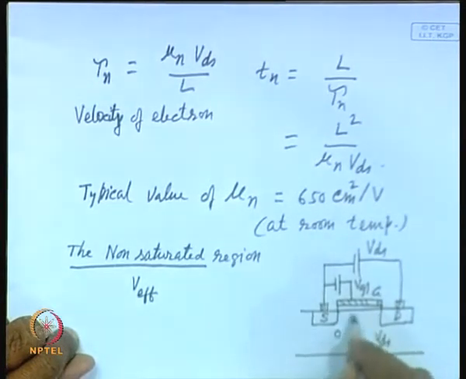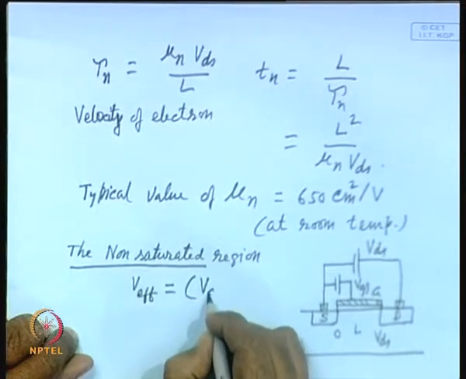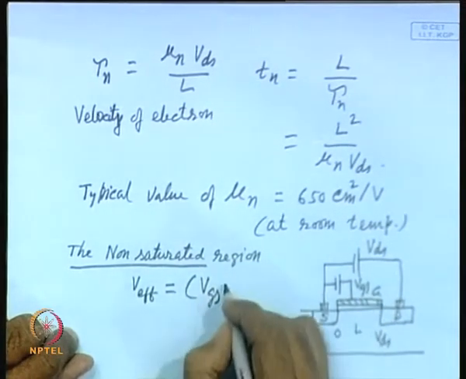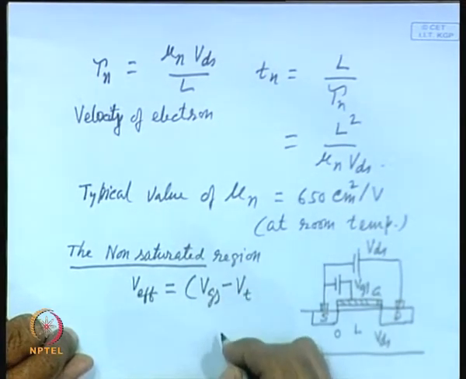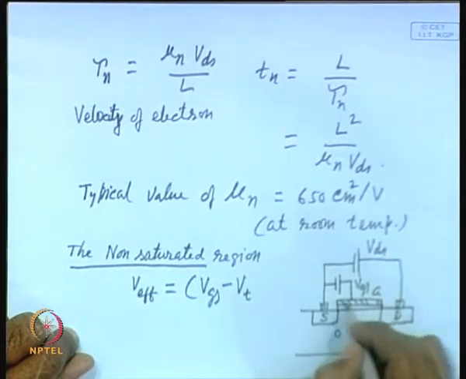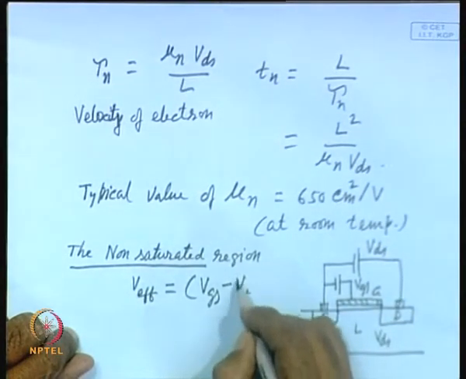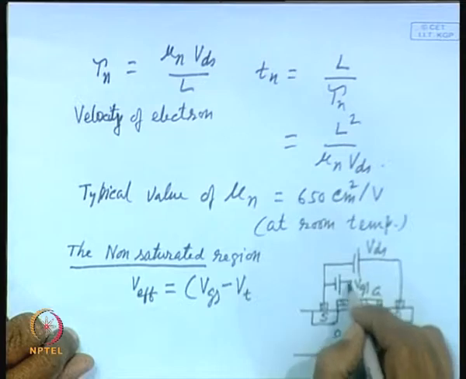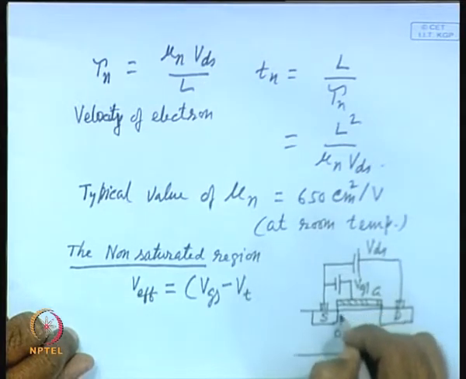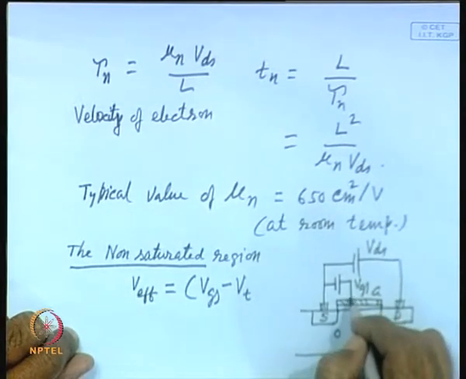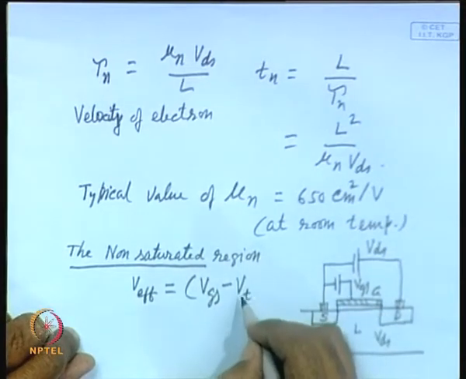If you take the average value of 0 and VDS, this will be equal to VDS by 2. Therefore, the effective gate voltage will be VGS minus VT, the threshold voltage. You have to subtract the threshold voltage because before that there will be a depletion region; you require a voltage VT, and only after that does the inversion region start.